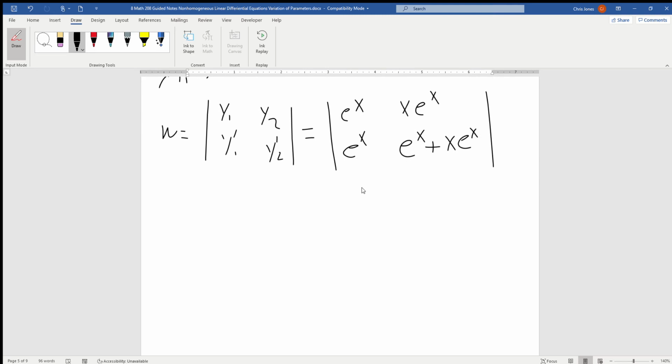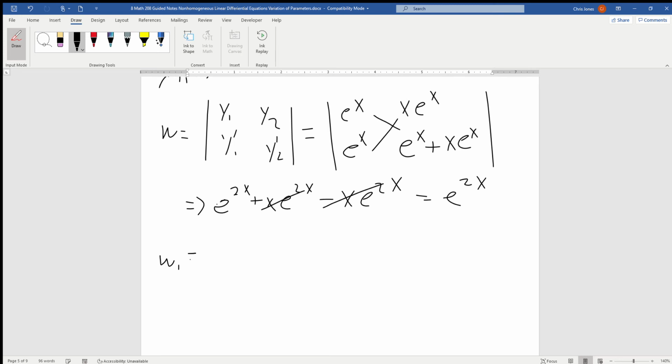Fortunately for us, w is going to work out okay. So we're going to cross down, we're going to cross up. When we cross down, we get e^(2x) + x e^(2x). Then we're going to subtract out an x e^(2x). And fortunately for us, we're just left with e^(2x). All right, so that's nice.